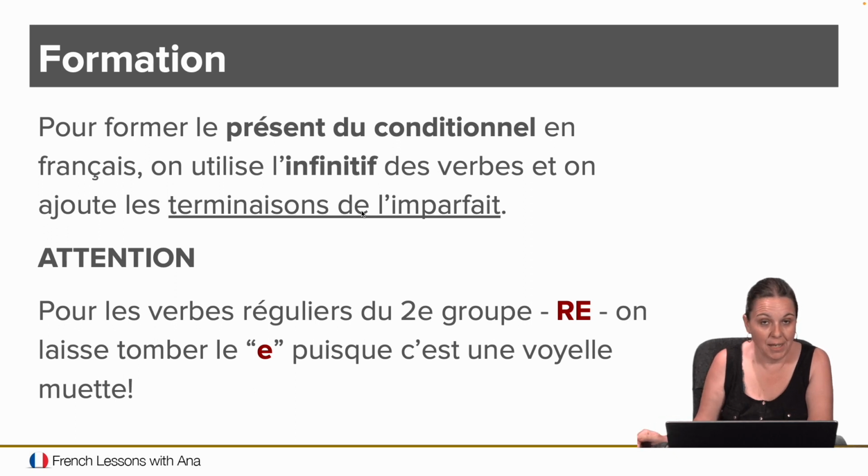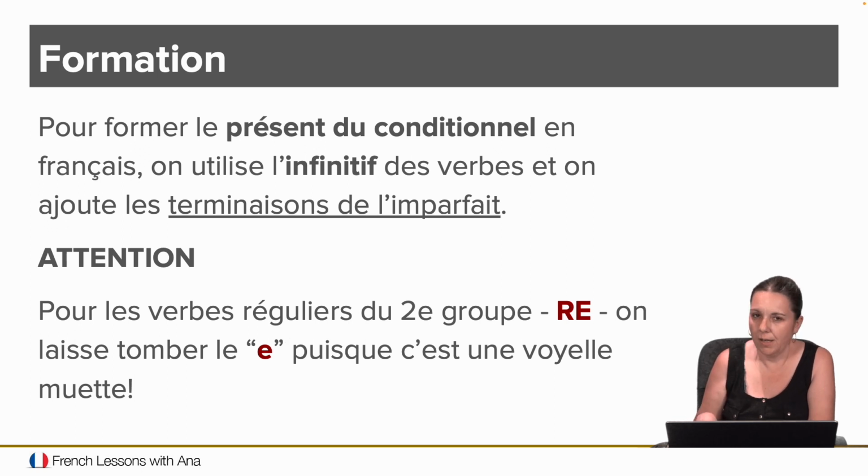And just like the imparfait, the conditional form has regular and irregular verbs, but the endings never change. It keeps the same endings for both regular and irregular verbs. For regular verbs, there is one little thing we need to remember for the verbs that end in RE.